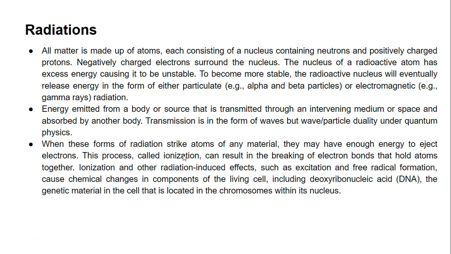When these forms of radiation strike an atom of any material, they may have enough energy to eject an electron. This process is called ionization. What is ionization? When you provide energy to a certain atom, and that energy is high enough to strike an electron out of that material.